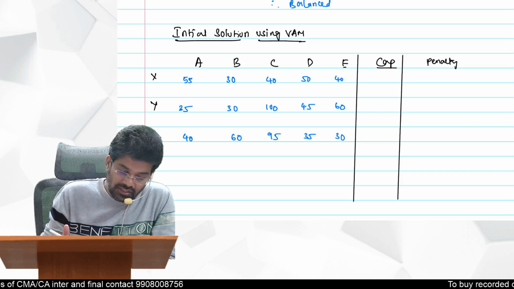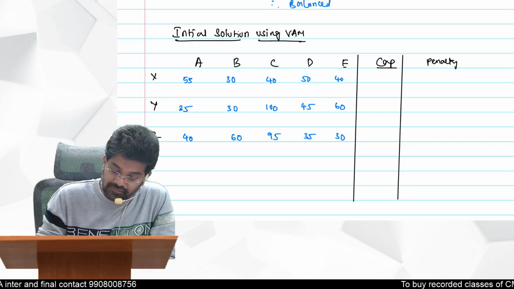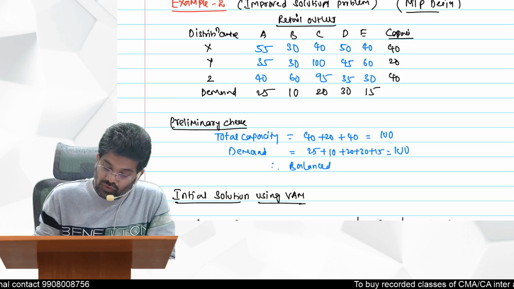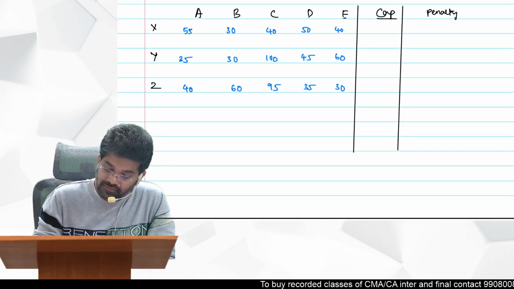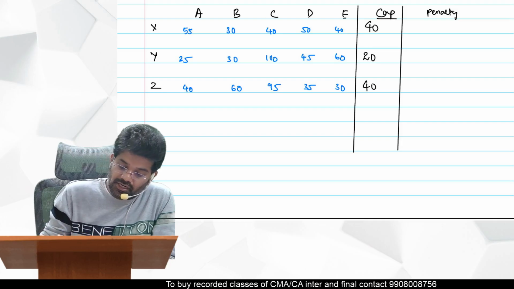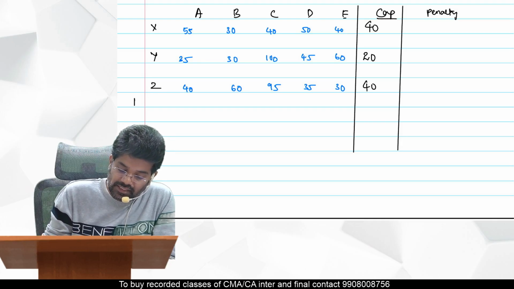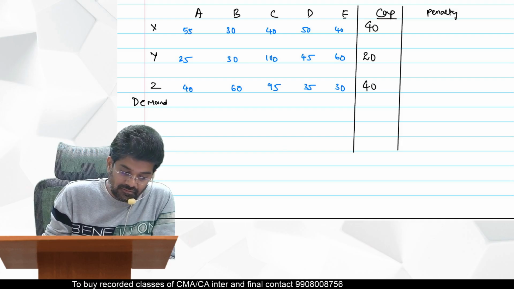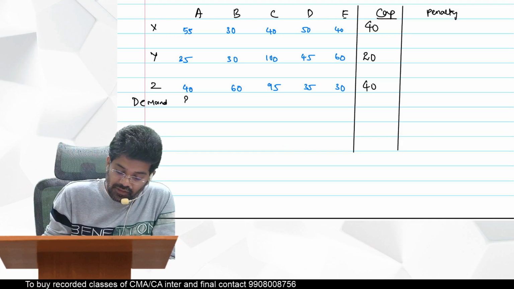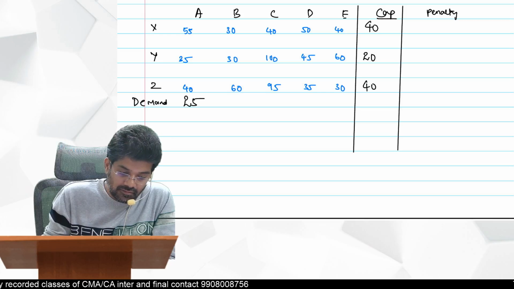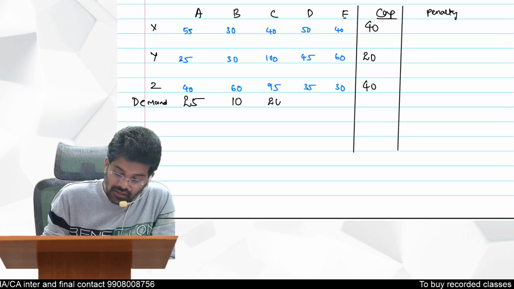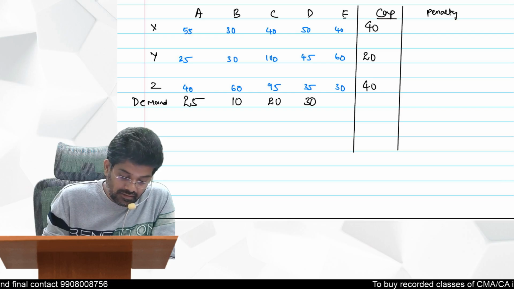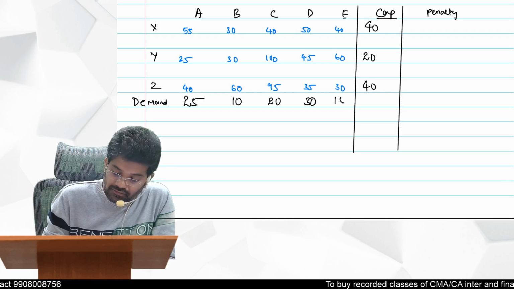Now what is the capacity here? 40, 20, 40, which you can take with a bigger font, to differentiate your costs and capacities. Demand is 25, 10, 20, 30 and the other one is 15.